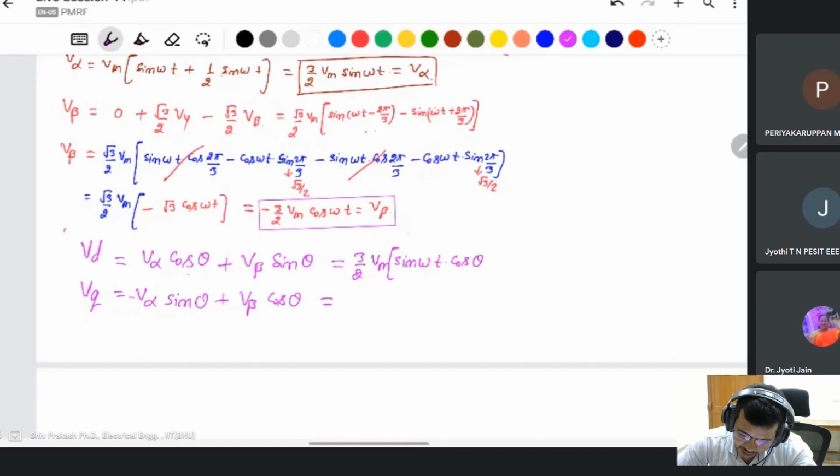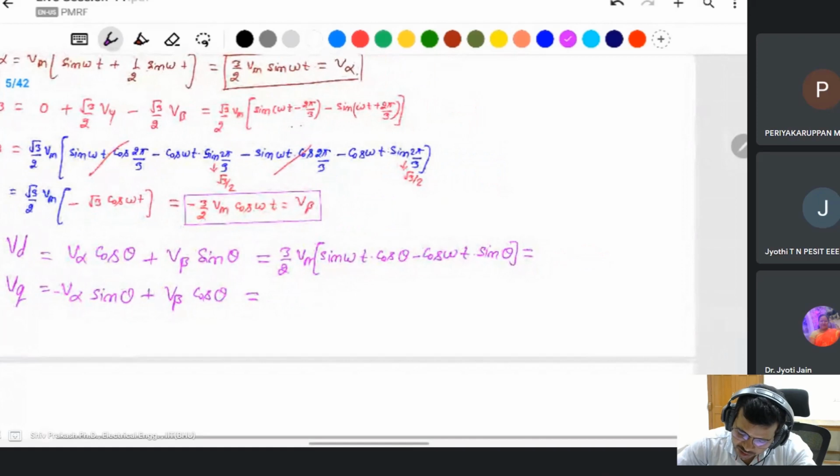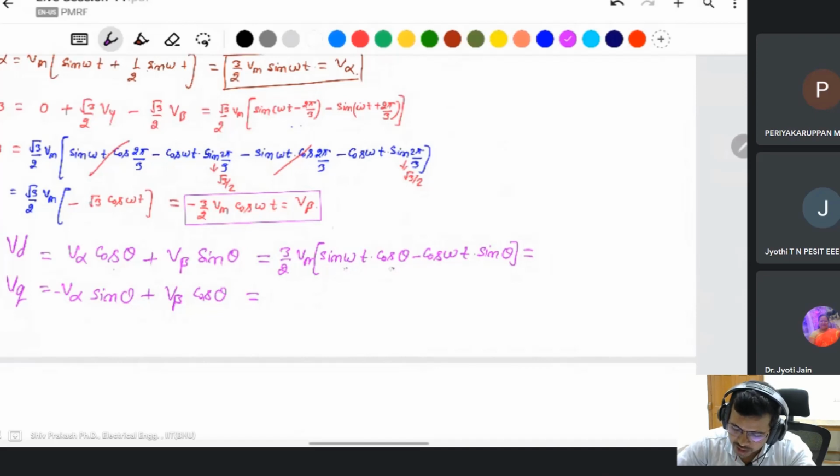V beta is minus 3 by 2 Vm, with minus cos omega t remaining, into sin theta. This will be sin A cos B minus cos A sin B. It means sin(A minus B), so 3 by 2 Vm sin(omega t minus theta).